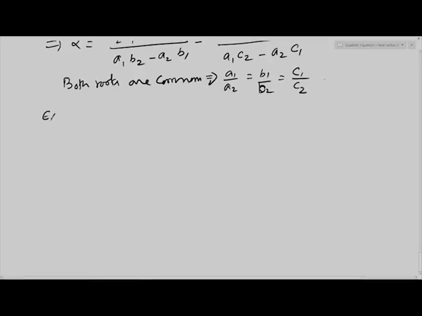Consider this small example, x square plus px minus 1 equal to 0, and the other equation is x square plus x plus p equal to 0. So, directly one can use this condition or directly you can solve the given two equations.